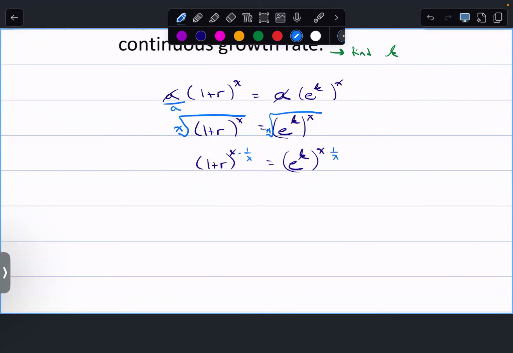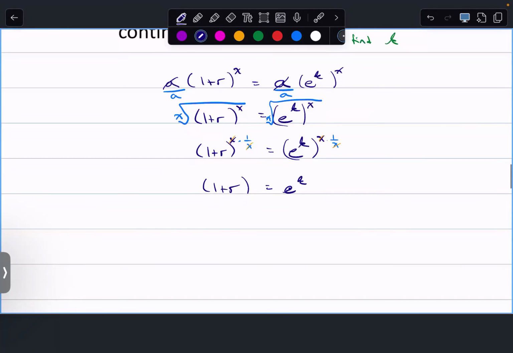Maybe I should show here divided by a, divided by a. There. Sneaky. That's going to cancel, and now I'm left with 1 plus r is e to the k. We were given that in that little blurb, but now we have it for keeps.